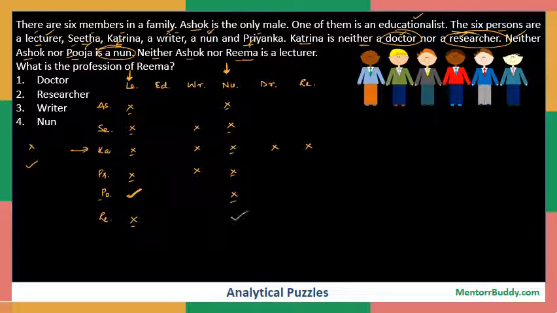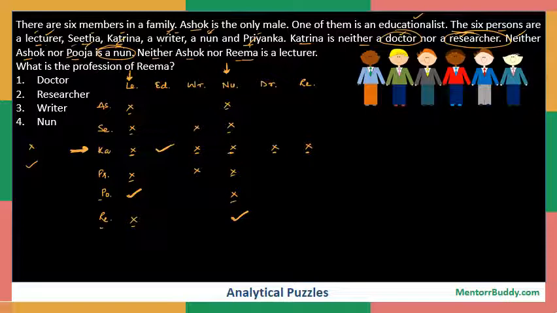So definitely there would be a tick against the name of Reema. In the same way, for Katrina, there is a cross for lecturer, writer, nun, doctor, and researcher. So who is she going to be? She has to be educationalist. Now this much information we can find out directly.